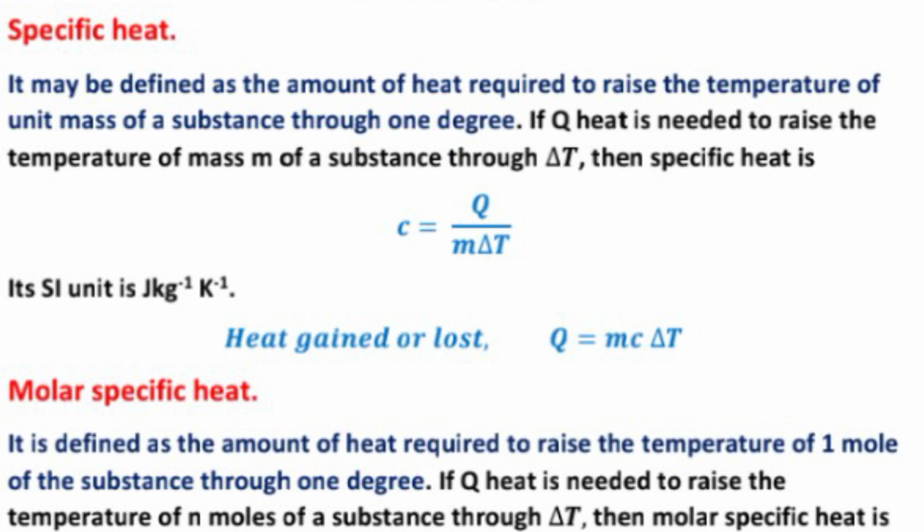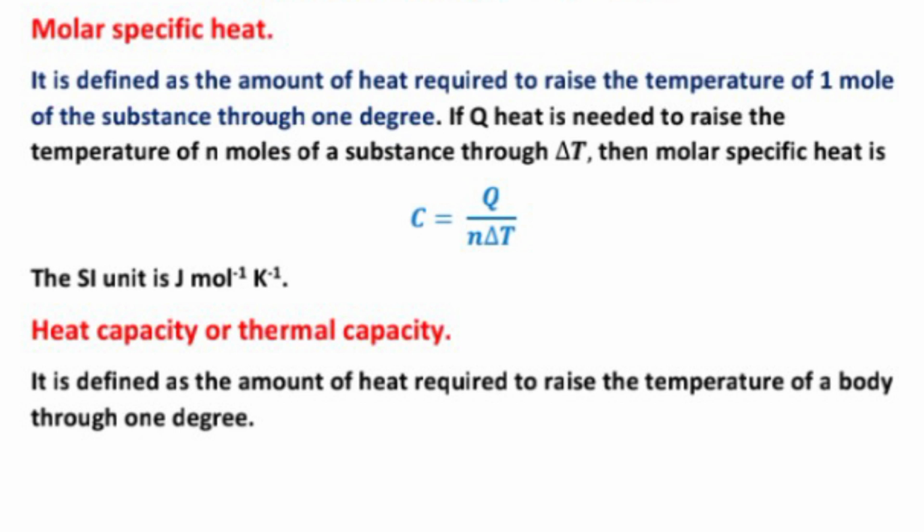Previously it was unit mass; now it is 1 mole of substance. If Q heat is needed to raise the temperature of n moles of a substance through delta T, then molar specific heat capital C equals Q upon n into delta T. The SI unit is joule per mole per degree Kelvin.